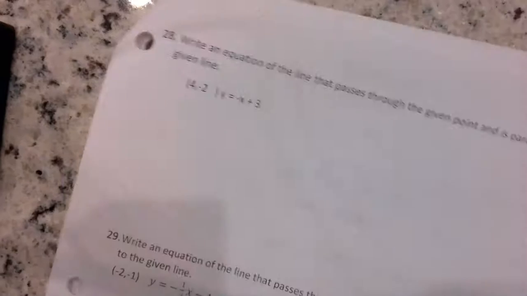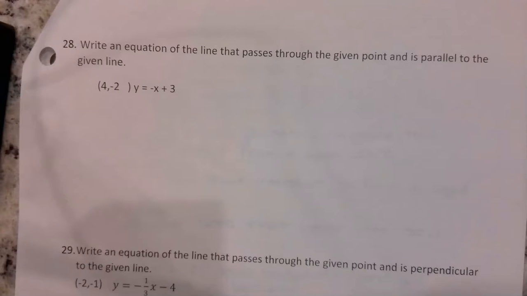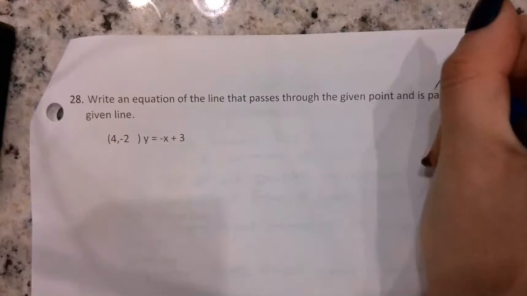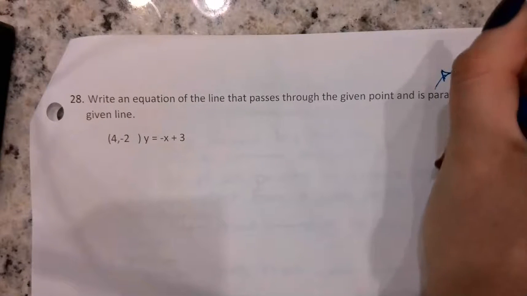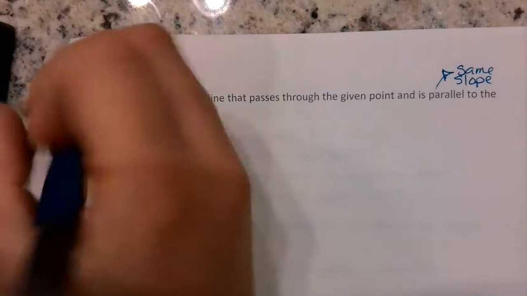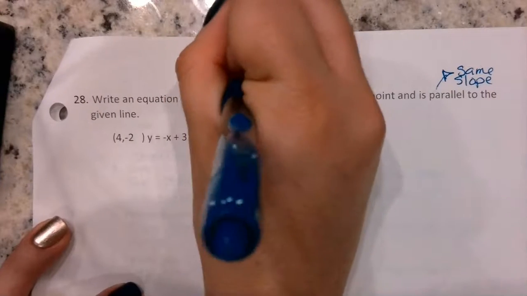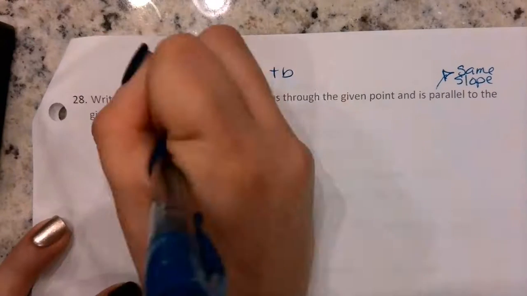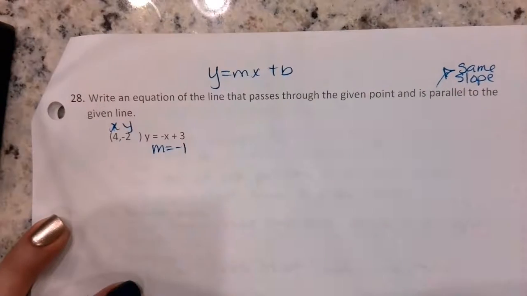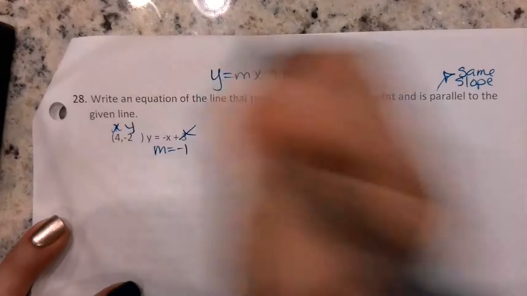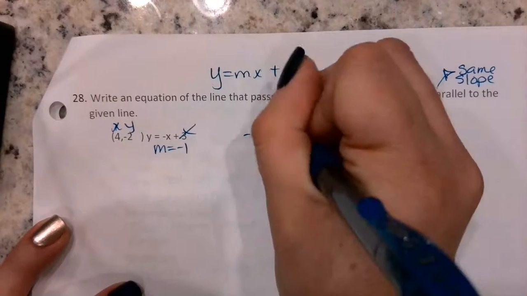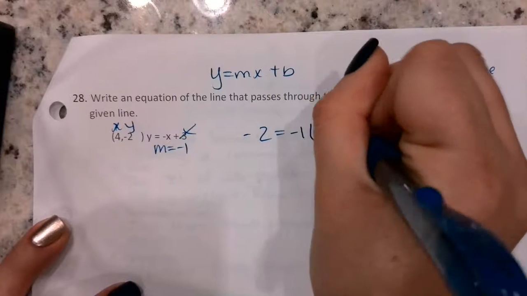Okay. Over here, it wants me to write the equation of a line that passes through the given point and is parallel. Parallel means same slope. So remember my equation of a line is y equals mx plus b. This is my x and y. My slope is going to be -1 because it's the same. This 3 is not important. So I want to plug in. I have -2 equals -1 times 4 plus b.